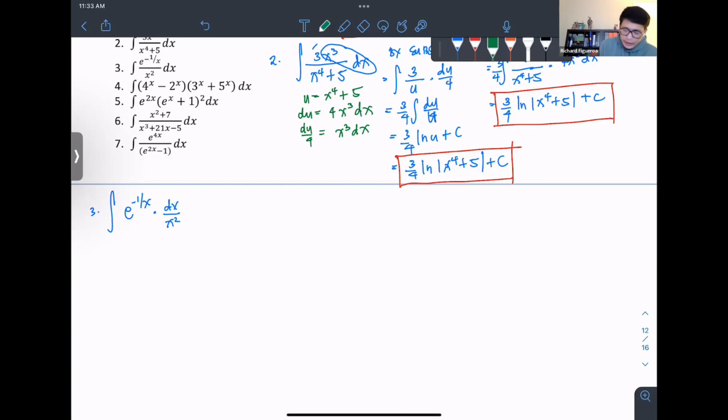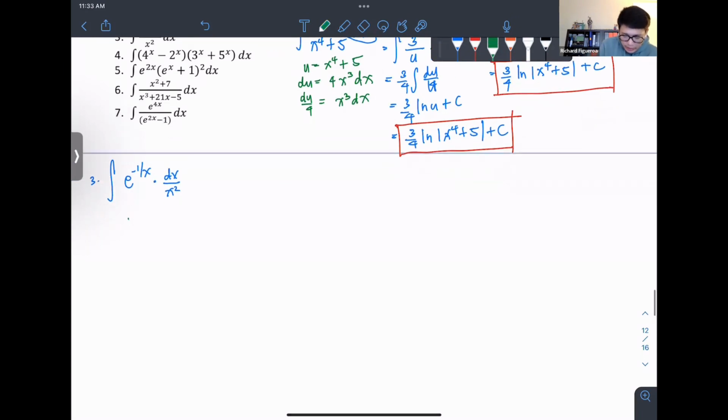So our u is negative 1 all over x, which is the same as negative x raised to negative 1. Once we derive it, du will be negative 1 times negative, which is positive, then x to the negative 1 minus 1, which is negative 2, dx. Or simply, this is dx over x squared.